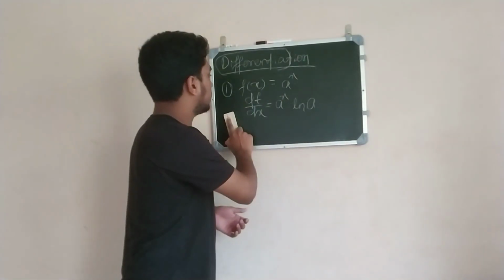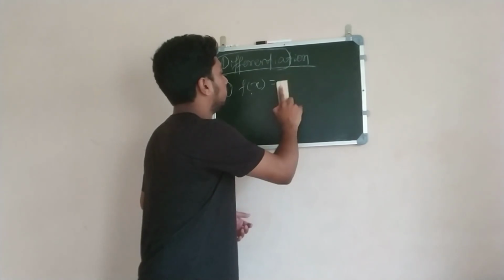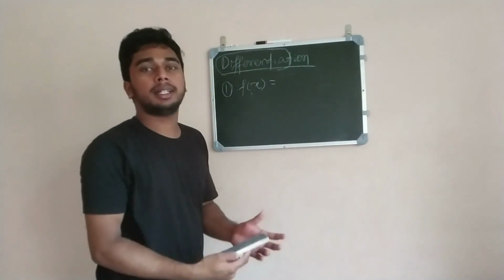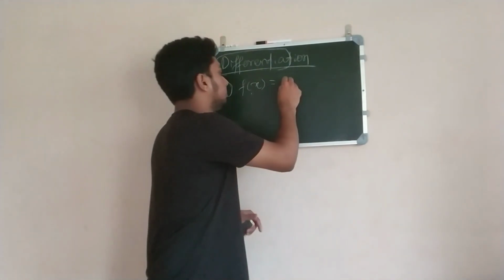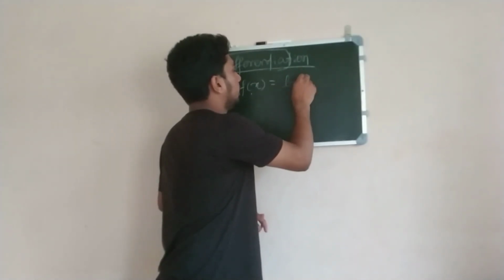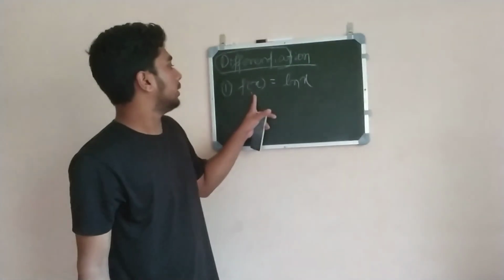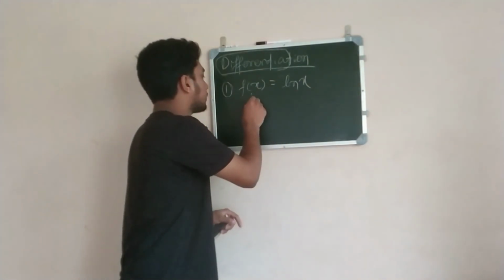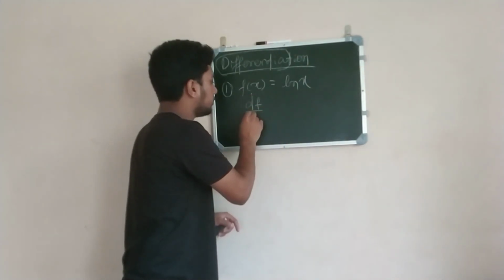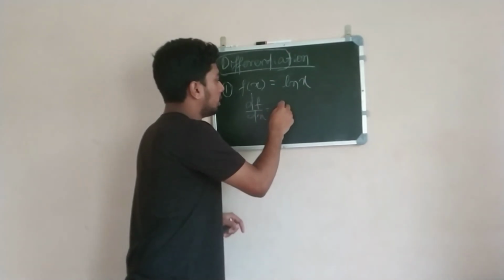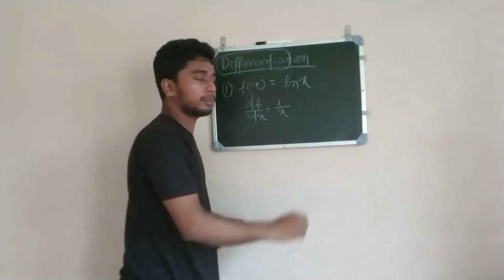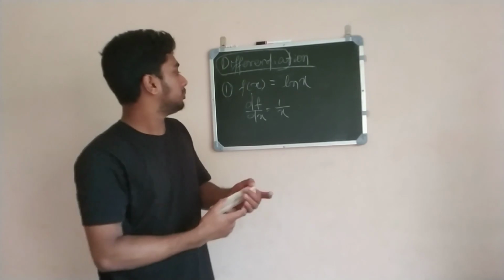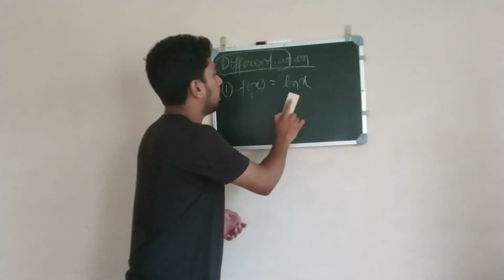So this is how the derivative of a to the power x is defined. Then ln x: if our function is ln x, then the derivative will be 1 by x. So this is about ln x.